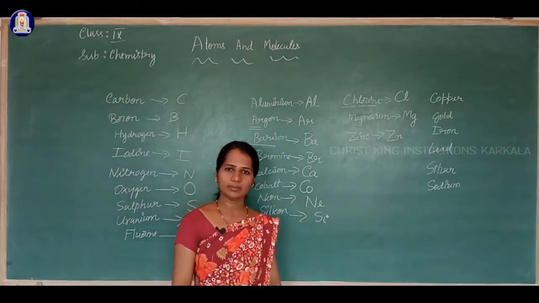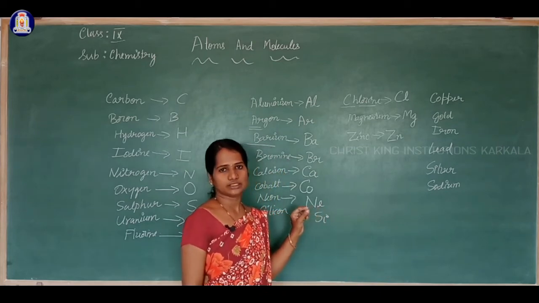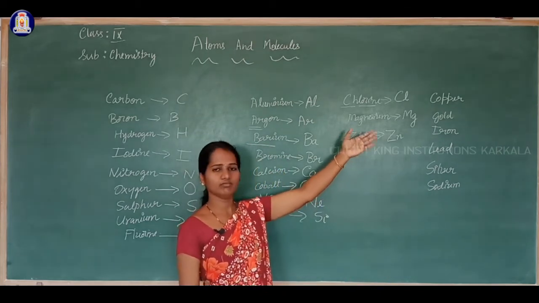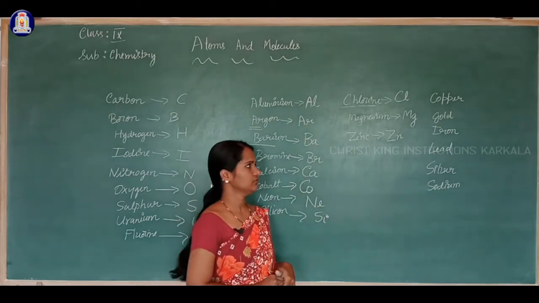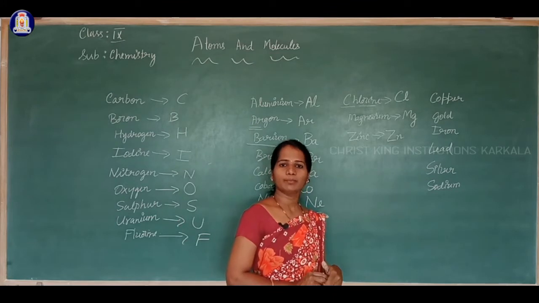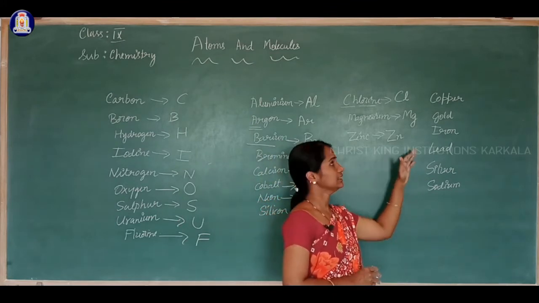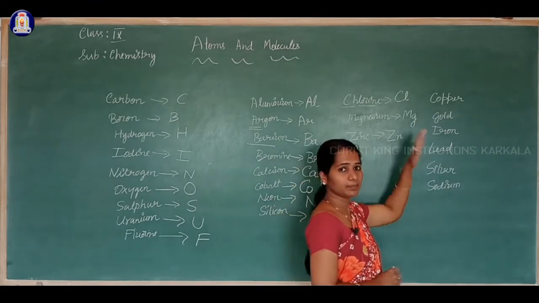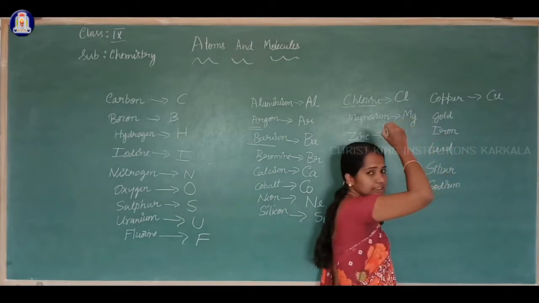In some of the elements, we use their Latin words or Greek words. Instead of writing their English name, we consider their Greek word or Latin word. For example, copper is cuprum, so we can represent copper as Cu. Cuprum, Cu.